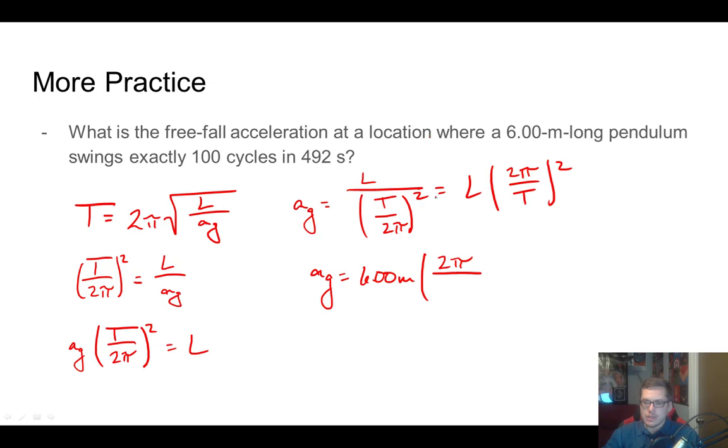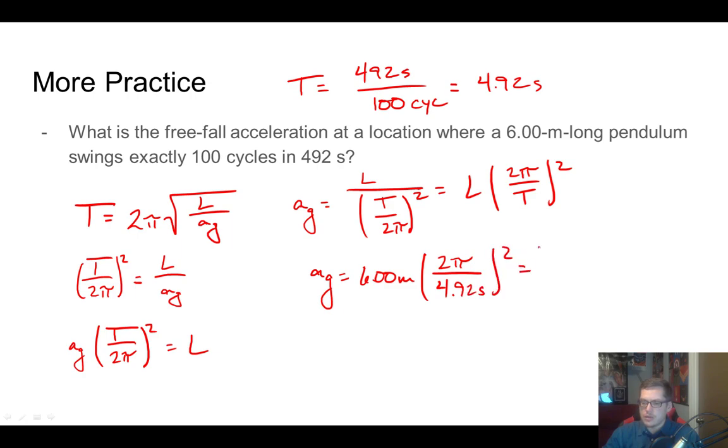So we need it in seconds. Our T is equal to 492 seconds for 100 cycles, because we want to know how long it takes to do one cycle. That's our period. So we're going to take 492 divided by 100, so you get 4.92 seconds. So that's our period, 4.92 seconds.